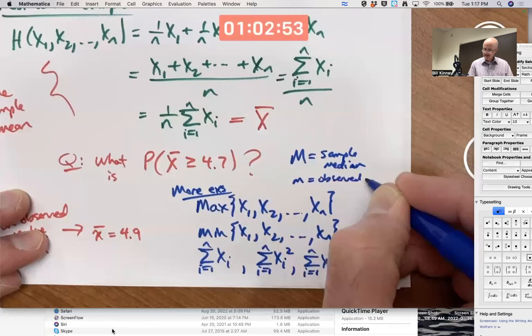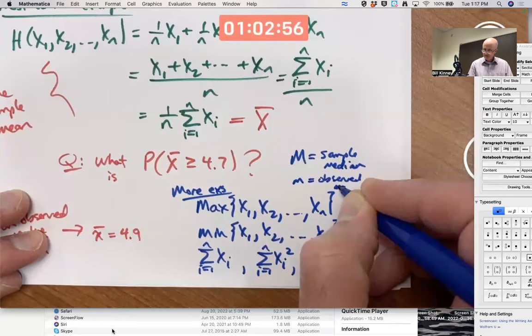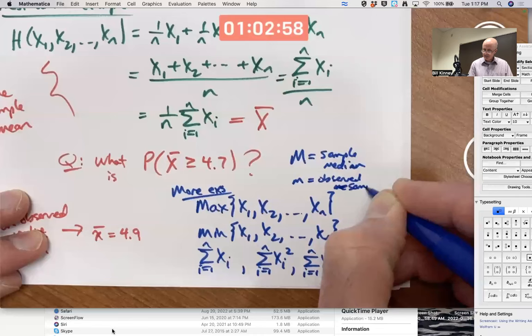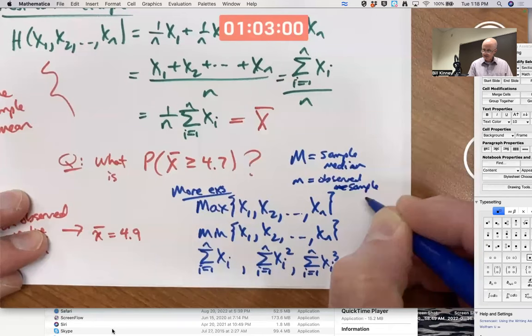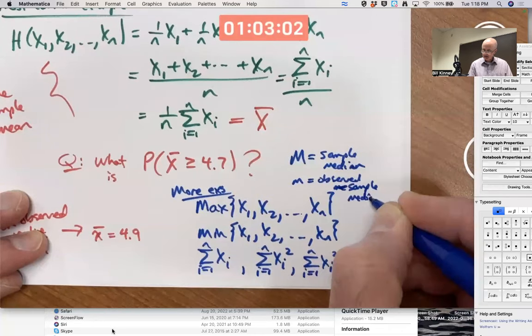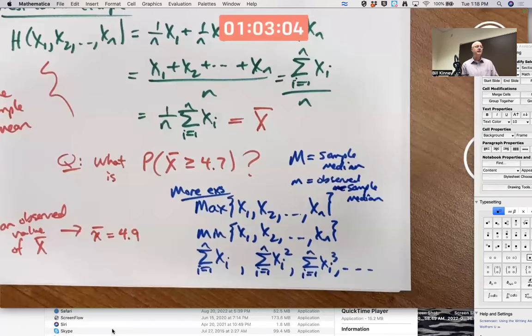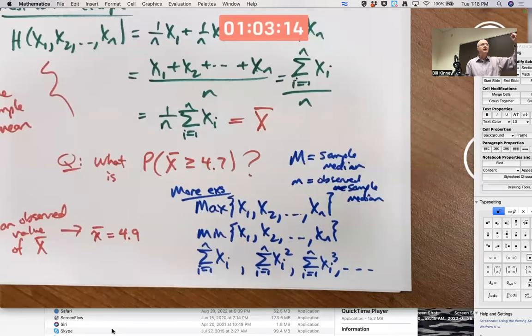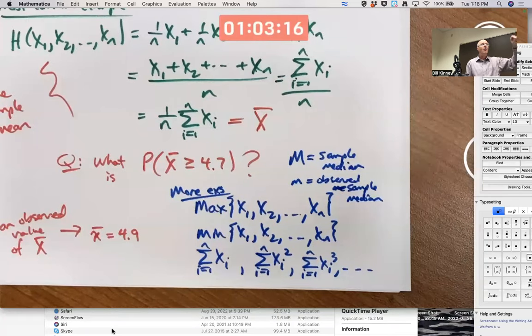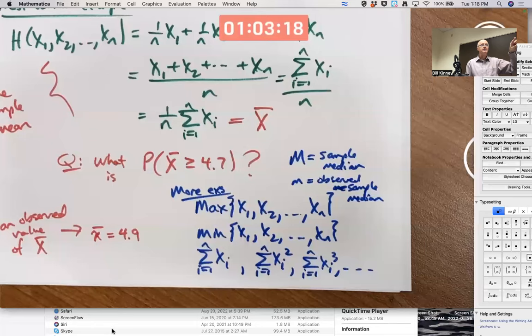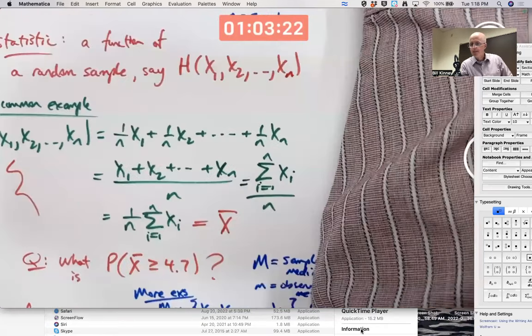And you can really only describe this very easily when you're imagining you've got data, and I'm going to show you an example with data here in a second. An observed sample median: you take your data, you put them in a list from lowest to greatest, and effectively the median, the observed value, is the middle number, if there is a middle number, or the average of the two middle numbers. Okay, let's look at some data. Got an example here.